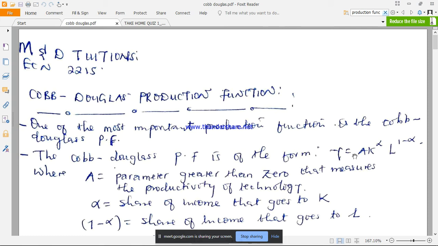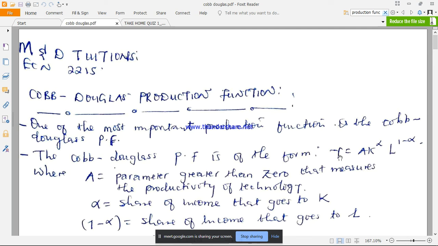Output Y is defined to be equal to A times capital K raised to the power alpha times L raised to the power 1 minus alpha. So whenever you find something of this nature, either in mathematics or in economics, it represents the Cobb-Douglas production function.